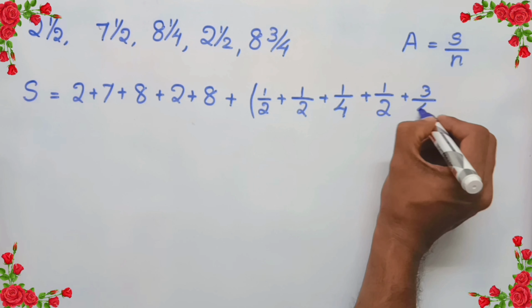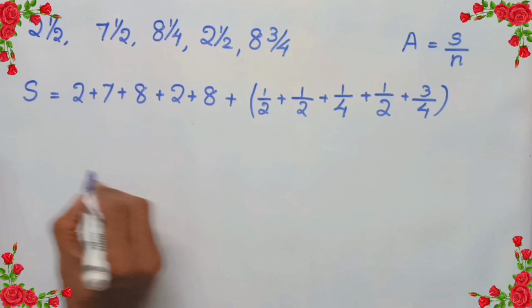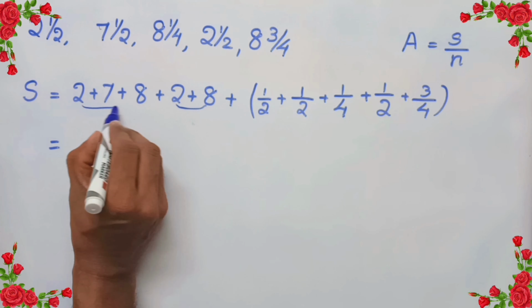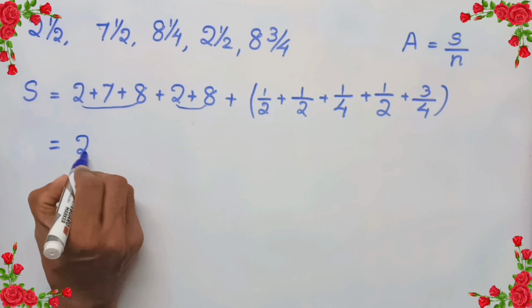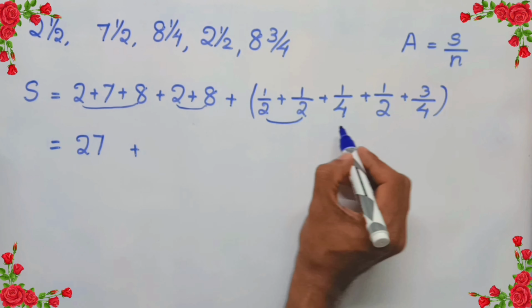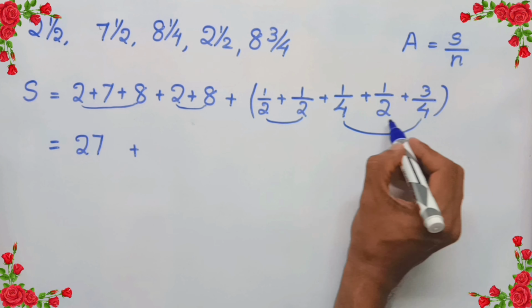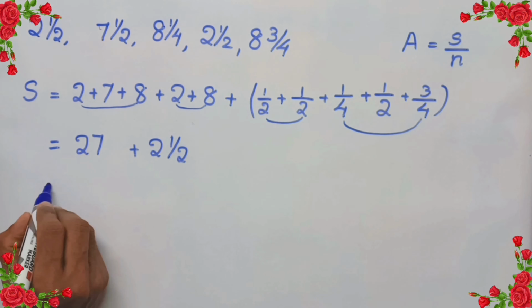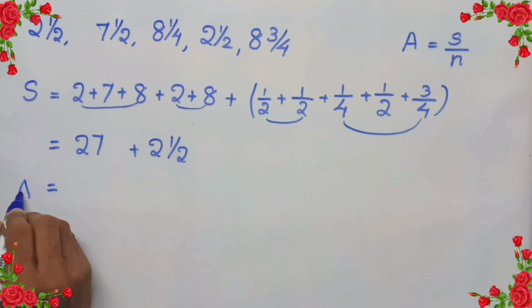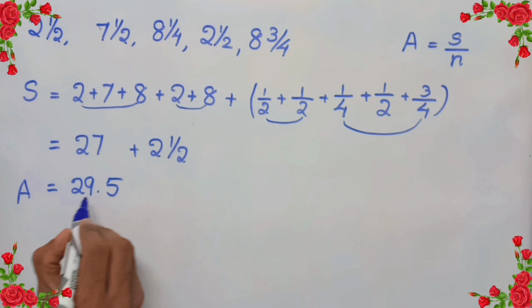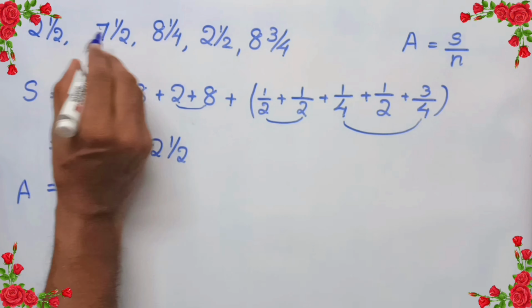On adding the whole numbers, 8 plus 2 is 10, again 8 plus 2 is 10, 10 plus 10 is 20, 20 plus 7 is 27. 1 by 2 plus 1 by 2 equal to 1, 1 by 4 plus 3 by 4 equal to 1, that is 1 plus 1 plus half equal to 2 and half. 27 plus 2.5 equal to 29.5. That is, average equal to 29.5 divided by number of terms 5.